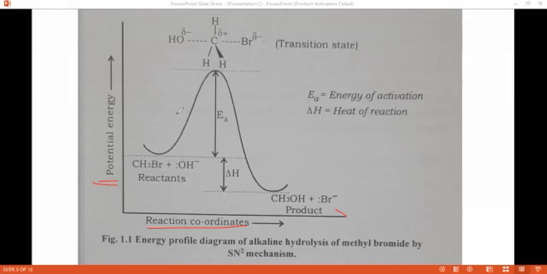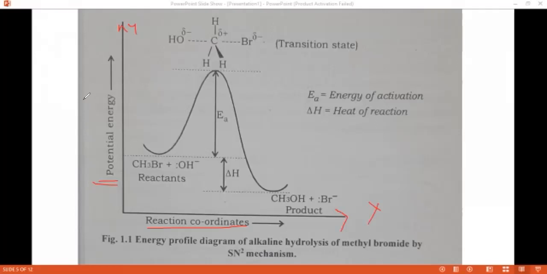This is the x-axis and this is the y-axis. The reaction coordinate is taken on the x-axis and potential energy along the y-axis.